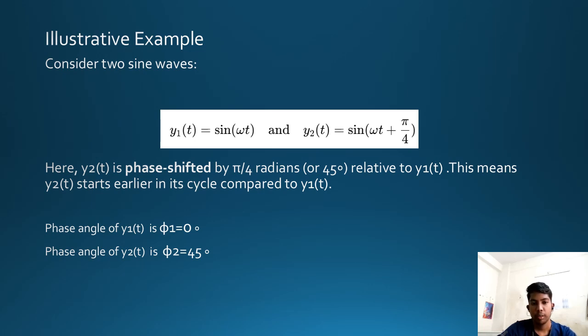And y2 of t, that means the second function, is phase shifted by pi by 4 radians or 45 degrees relative to y1. This means y2 of t starts earlier in its cycle compared to y1 of t.